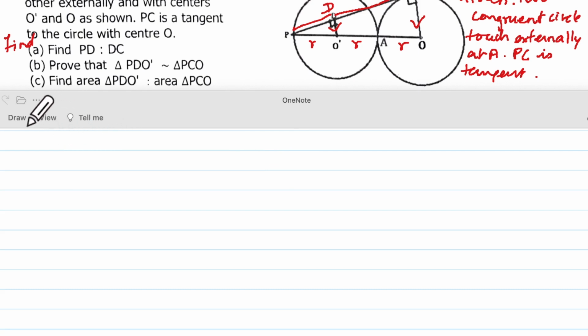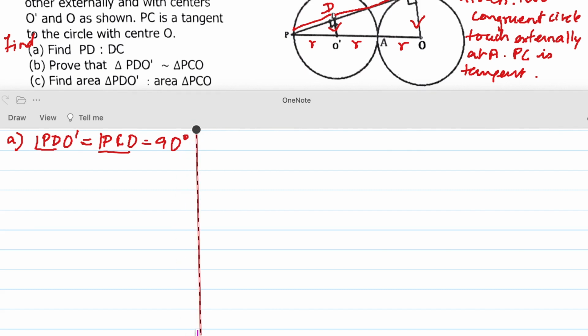So you will start with angle PDO dash is equal to PCO equal to 90 degrees. And this is from the diagram.